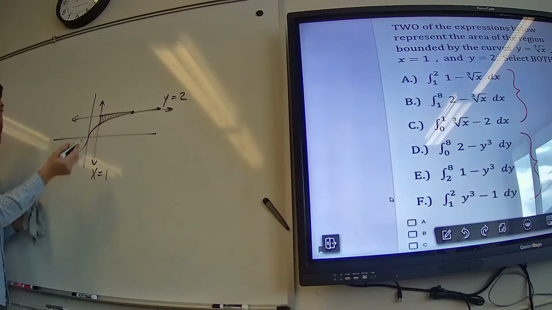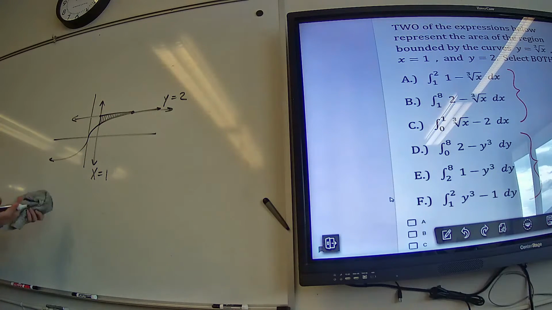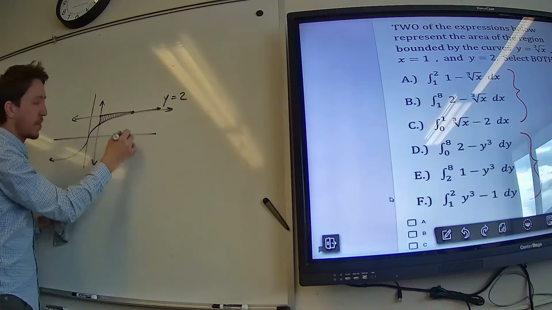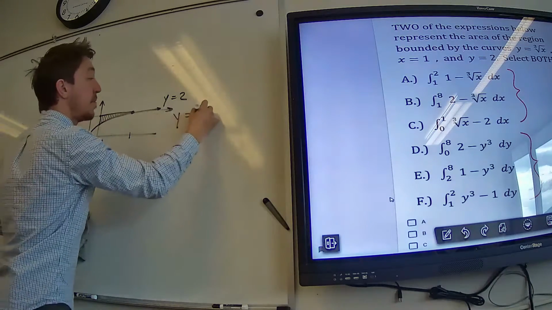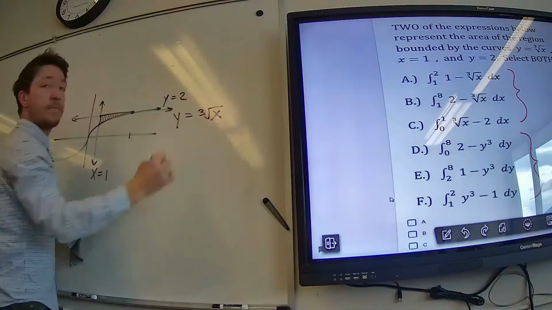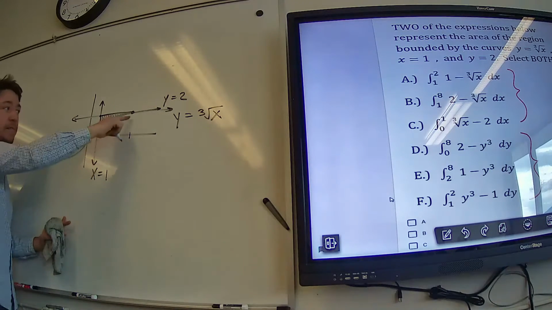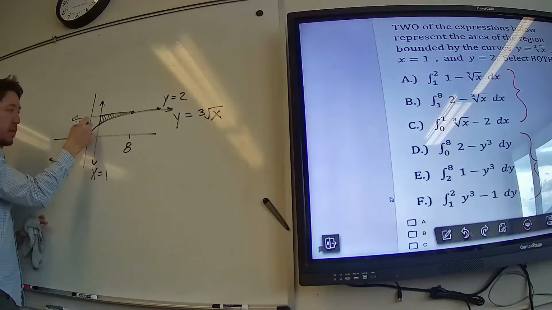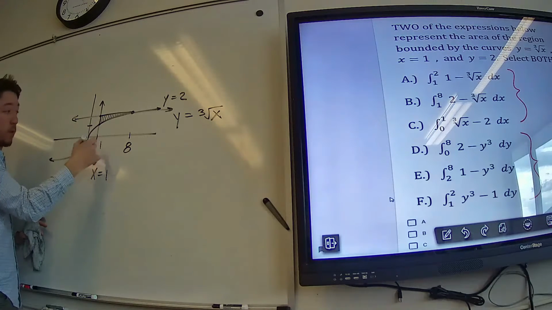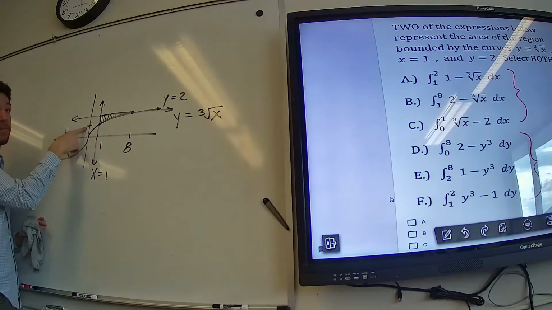Okay. Let's get our bounds. Let's do the x one first. It tends to be the easier one. What is this x value, you think? 8? You guys agree? When x is 8, they both have a y value of 2. This is 8. Okay. How about this? This is 1, obviously. But what's the y value?